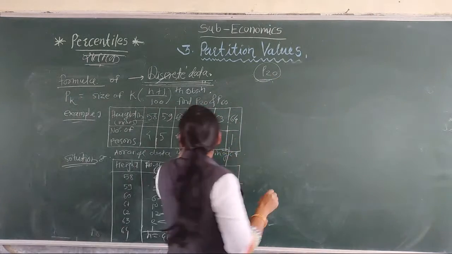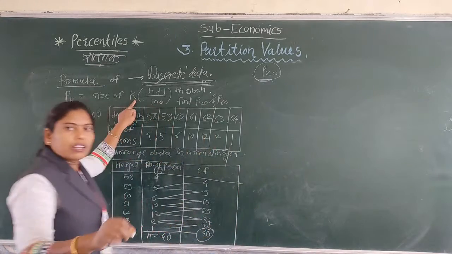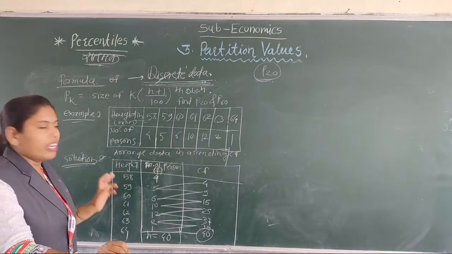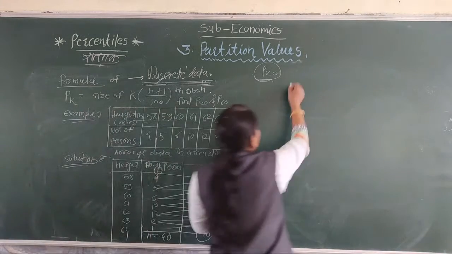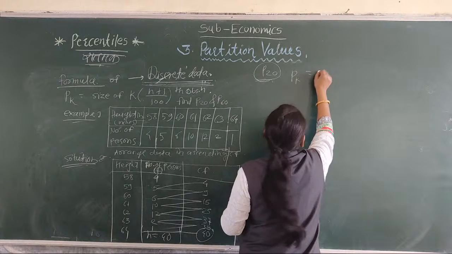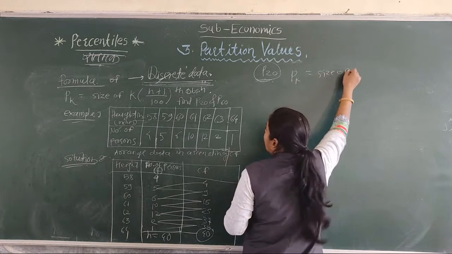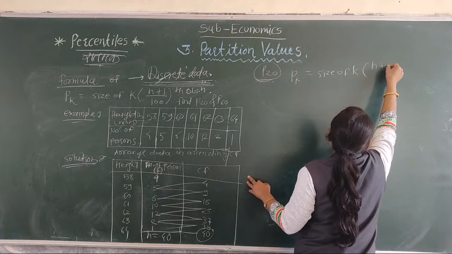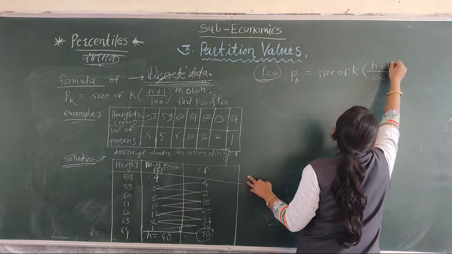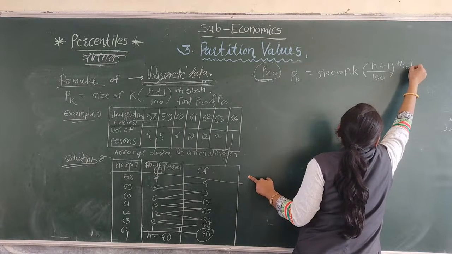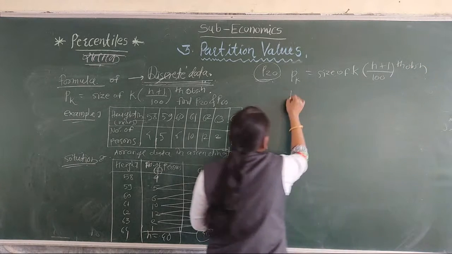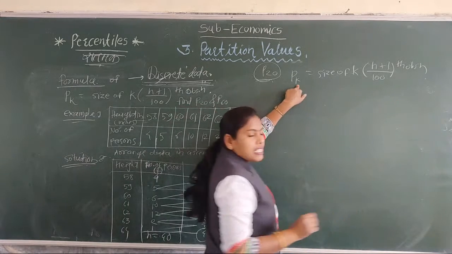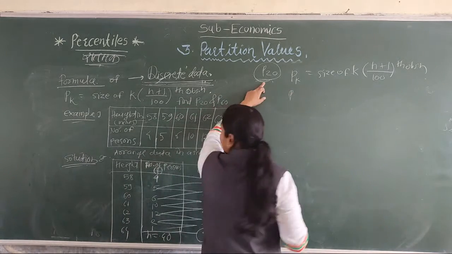First of all, write the formula as it is, and then calculate the P20. P_K is equal to size of K into (n plus 1) divided by 100 observation. Replace K by 20.